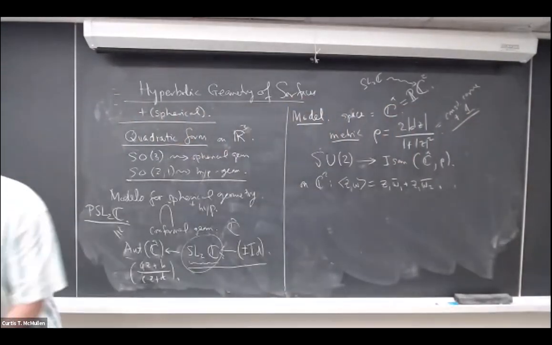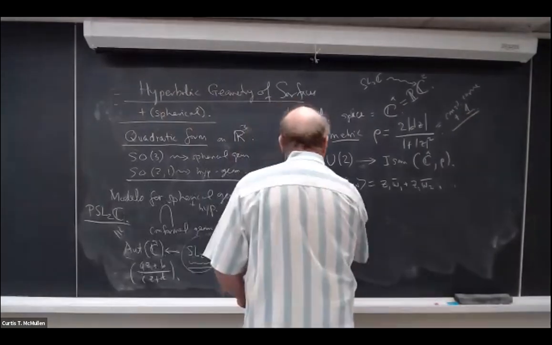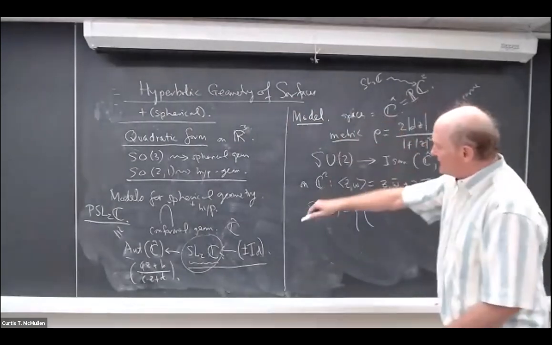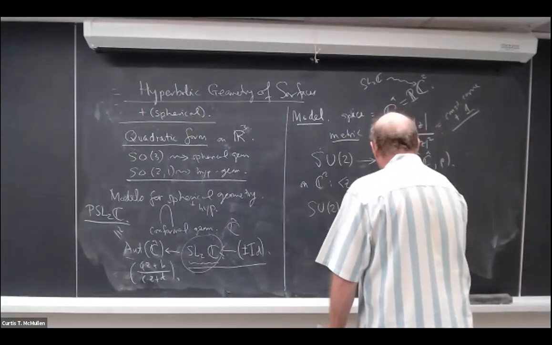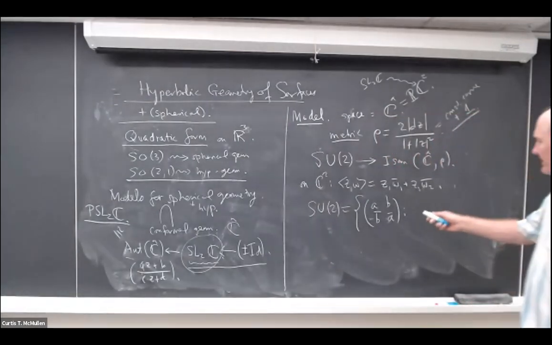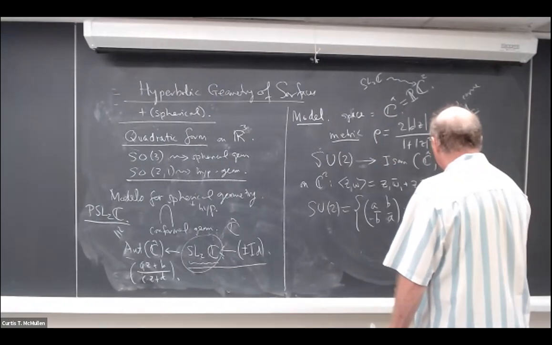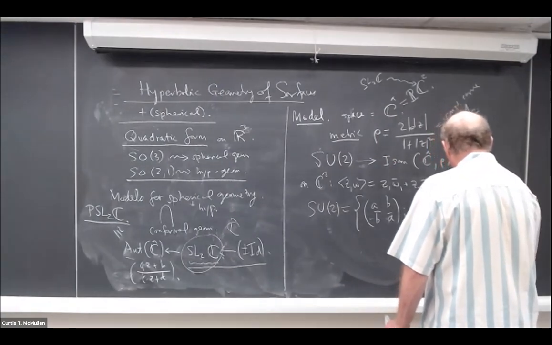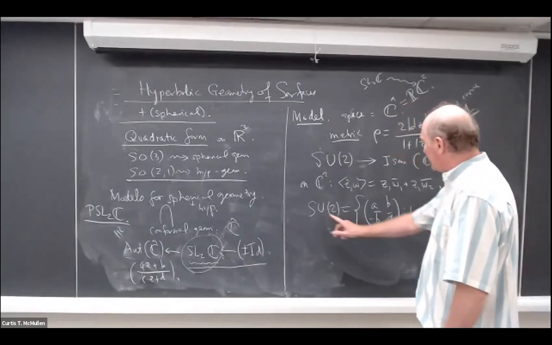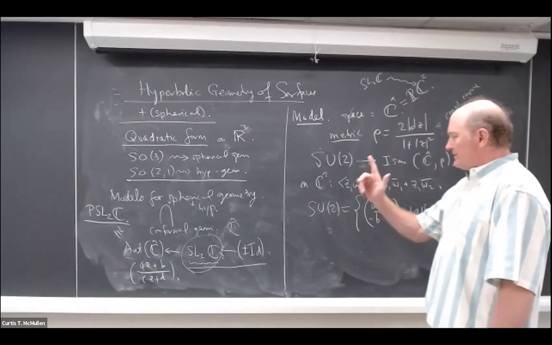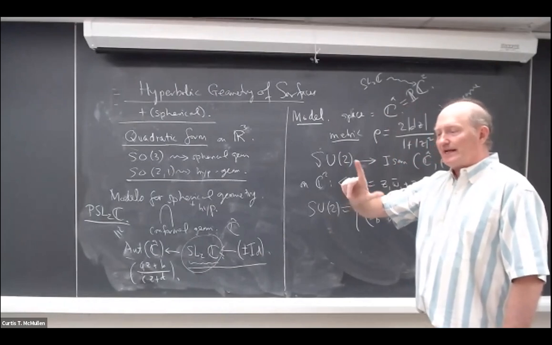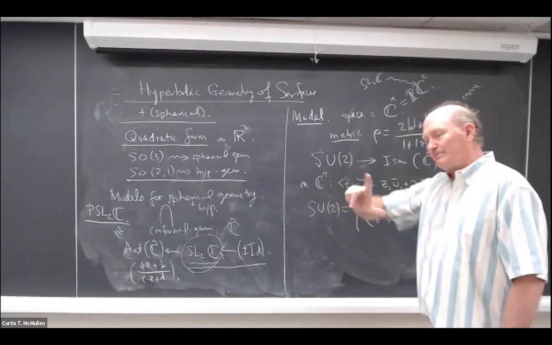Okay, and now what does this group actually look like in real life? So the elements of SU2 will be a special set of matrices, and they're those of the form (A, B; minus B bar, A bar), subject, of course, to the condition that the determinant is 1, which just becomes A squared plus B squared equals 1. Okay, so why are these the orthogonal group? You start with a standard basis, 2 orthonormal vectors, and now you can move them to any other 2 orthonormal vectors by a linear transformation.